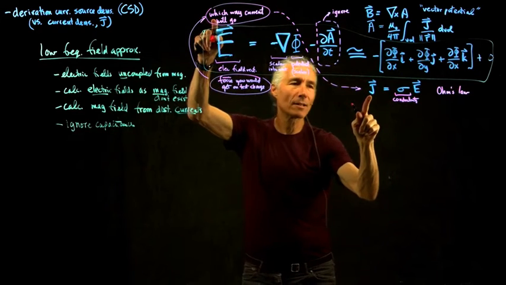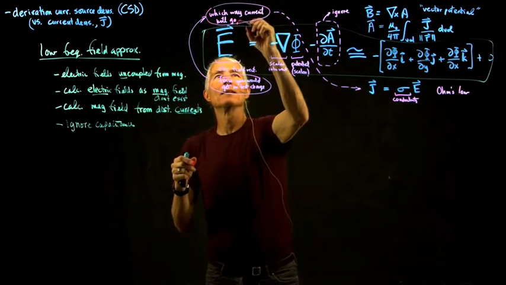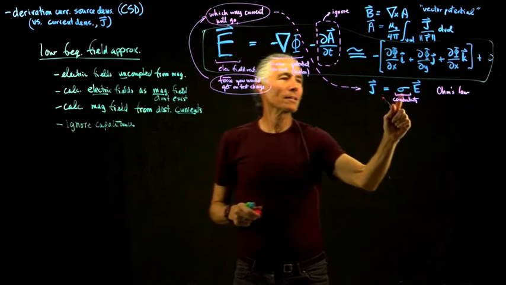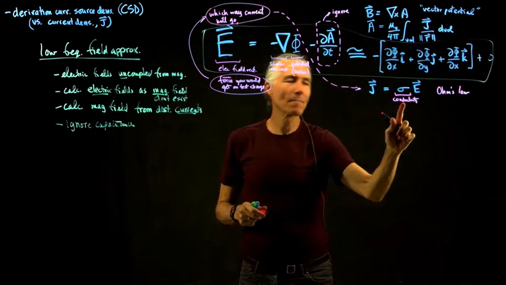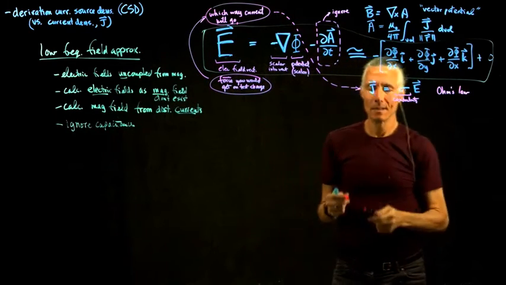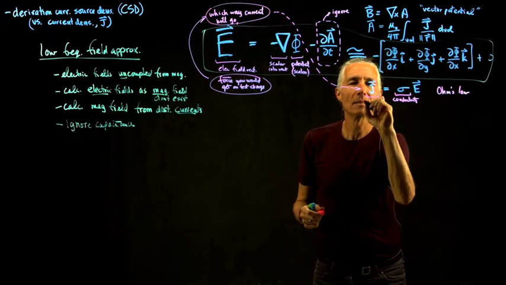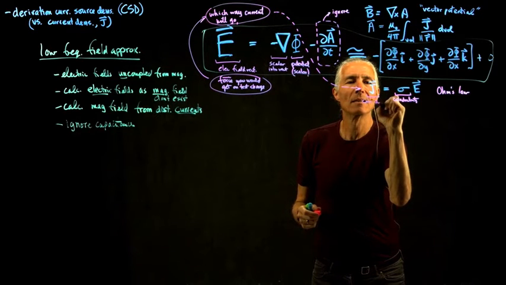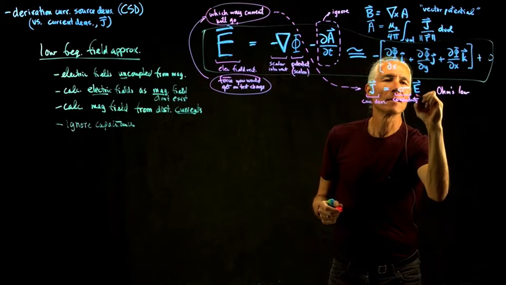So this tells you which way current will go and how much. The how much is determined by the conductivity. This guy is the current density, and this guy is the electric field.